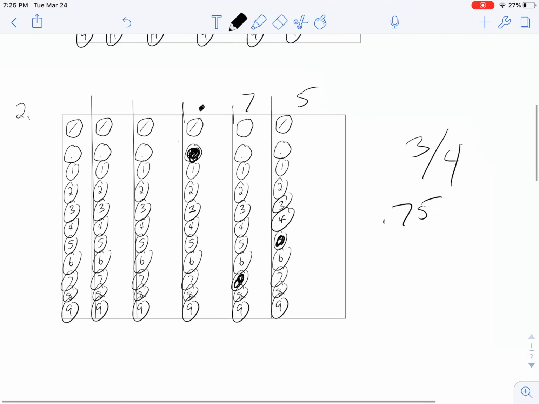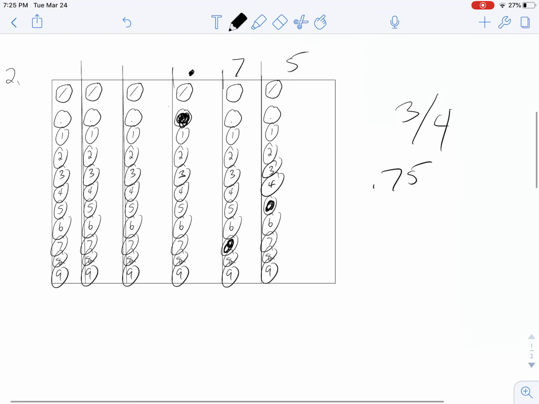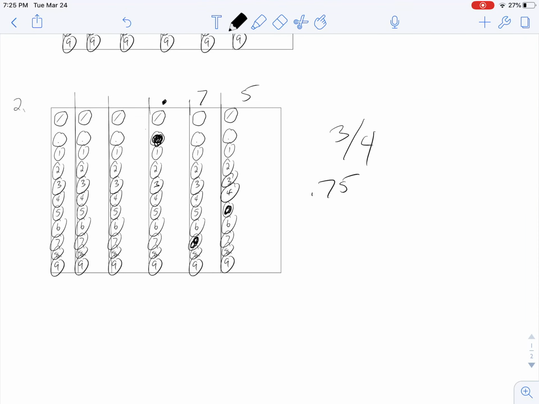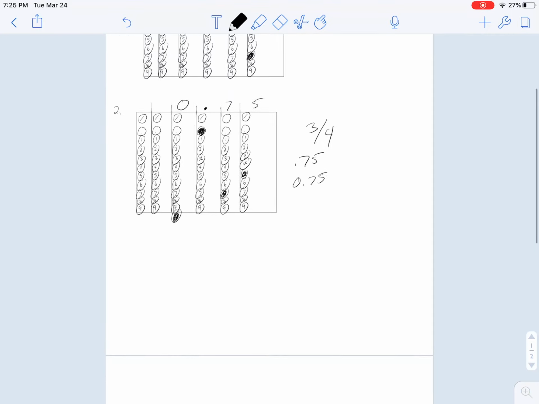Notice how in number 2, just like number 1, I didn't use every single column, only the last 3, and you'll find this for a lot of the problems. You could also put in 0.75. You don't have to, but that's acceptable. You could bubble in 0, which would be down here, I forgot to include it, and then .75. You could do it that way as well.